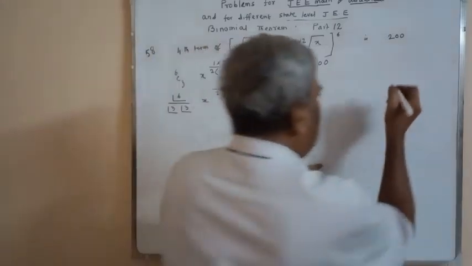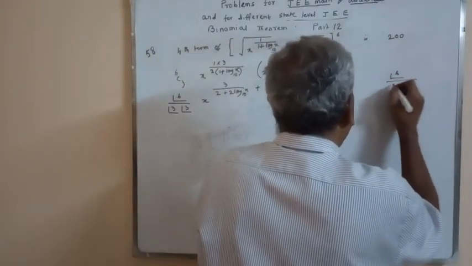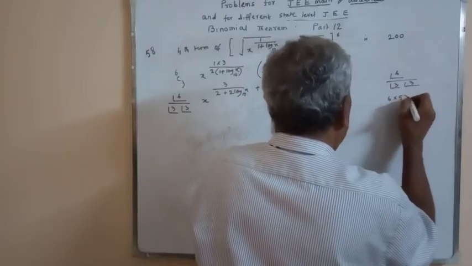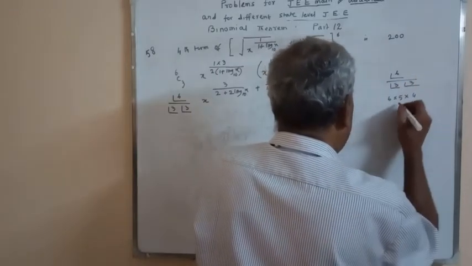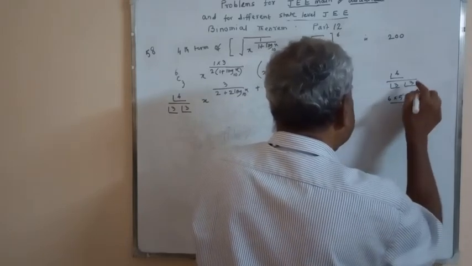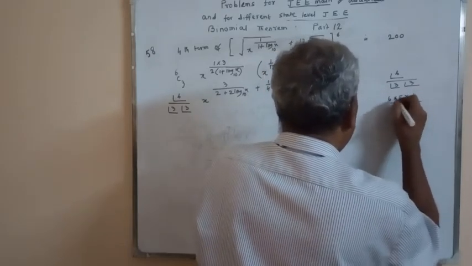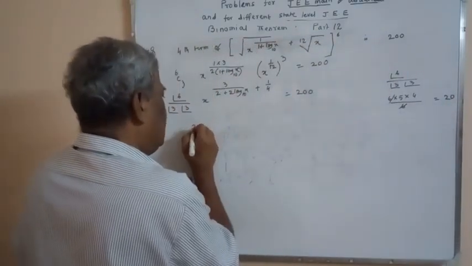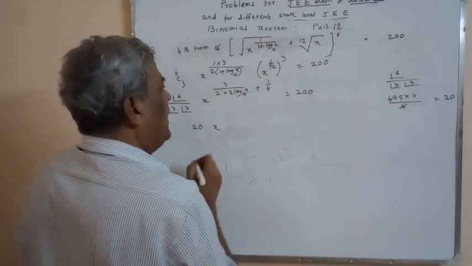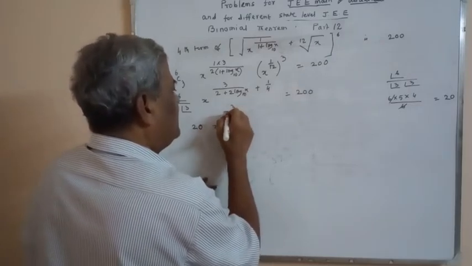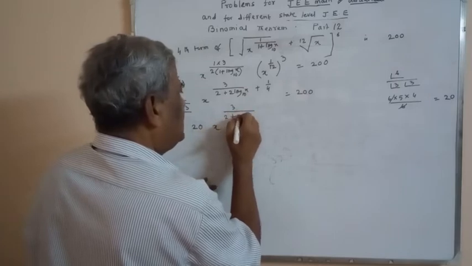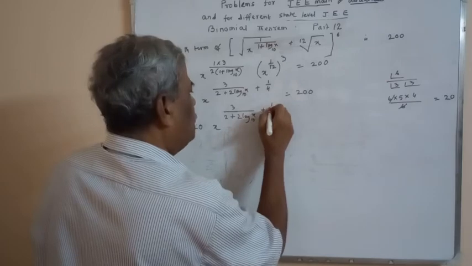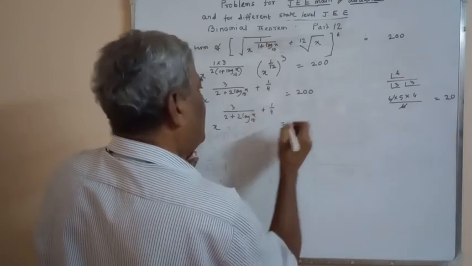Now factorial 6 by factorial 3 into factorial 3 is 6 into 5 into 4 into factorial 3, and one factorial 3 will be cancelled. So it is equal to 20. So that 20 x to the power 3 by 2 into 1 plus log x base 10 plus 1 by 4 is equal to 200.